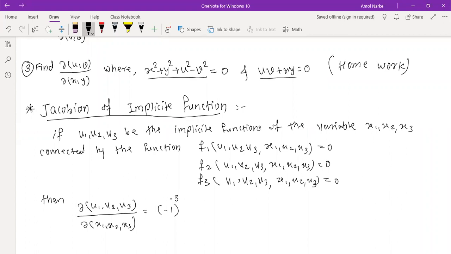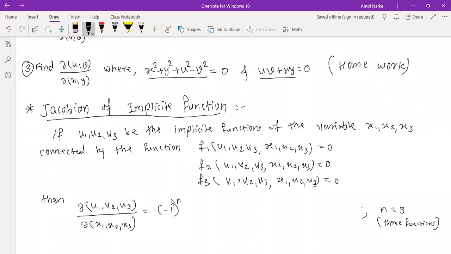So I can write n here, where n is equal to 3. Why? Because we have 3 functions.